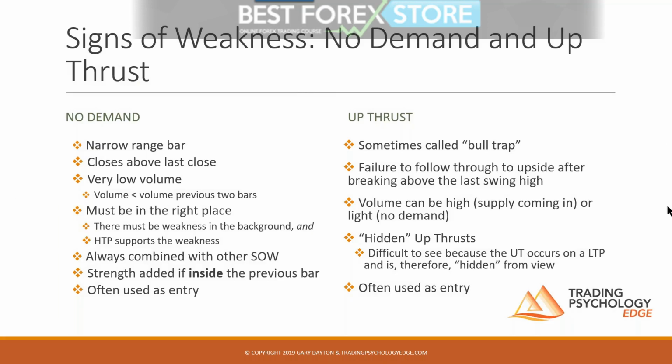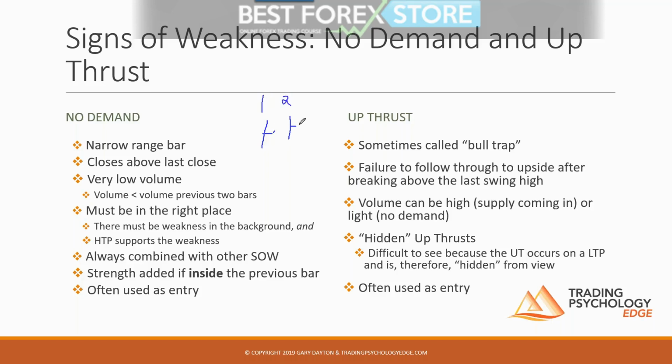So no demand. It's a narrow range bar that closes above the last close of the prior bar. In other words, if you have a bar that closes here, and then you're looking for a bar that closes above. This is higher. This is bar 1 and bar 2.